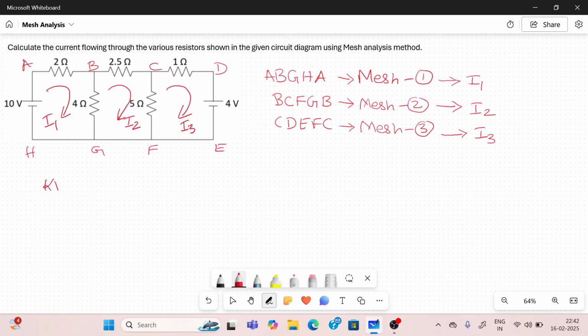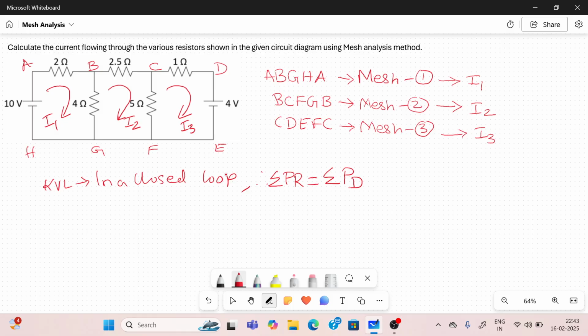It states that in a closed loop, the sum of the voltages, or we can write it as the sum of the potential rises, is equal to the sum of the potential drops.